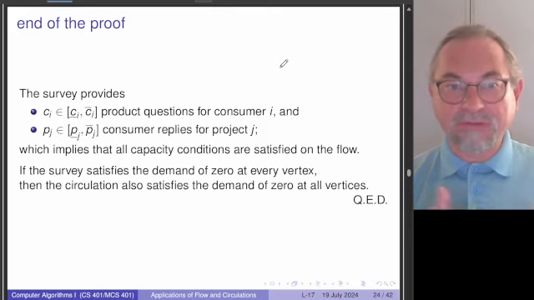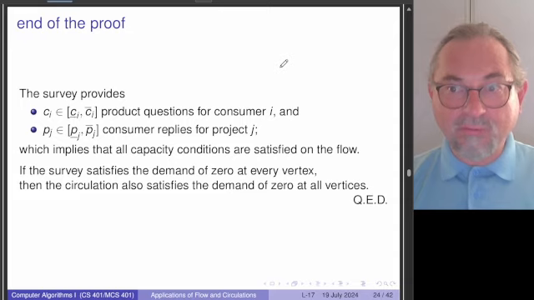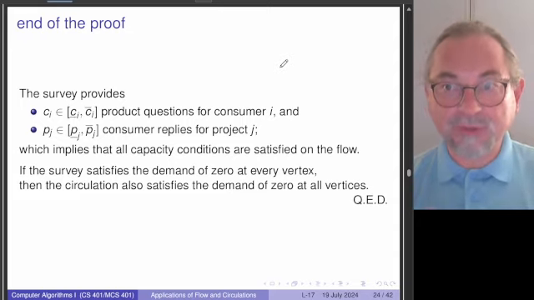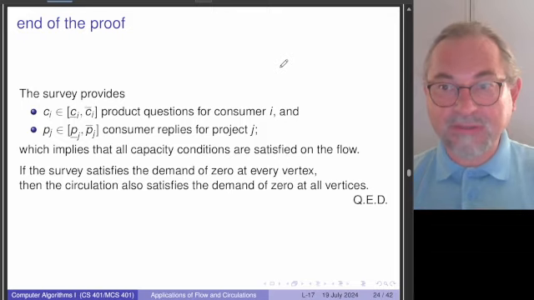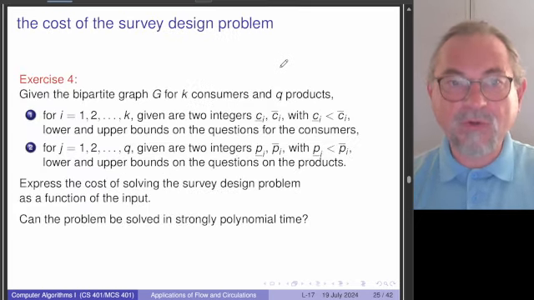What goes in goes out. So that terminates the proof. So we solve our survey design question by the circulation with demands and lower bounds problem, a problem that we considered in the previous lecture.